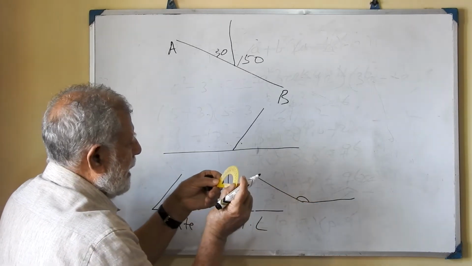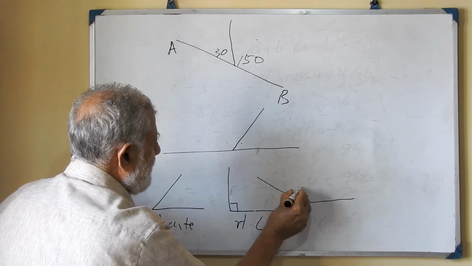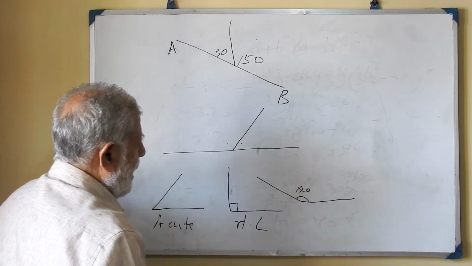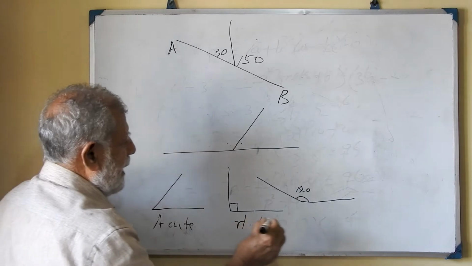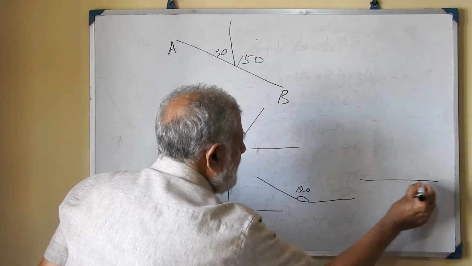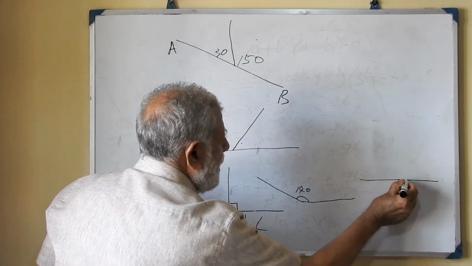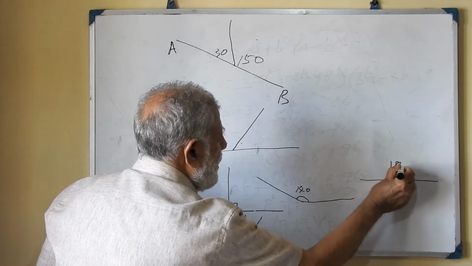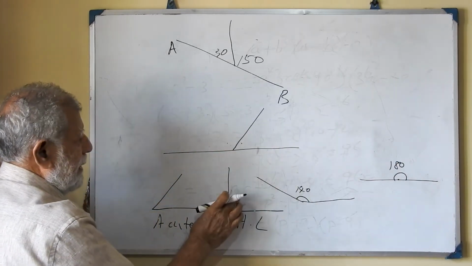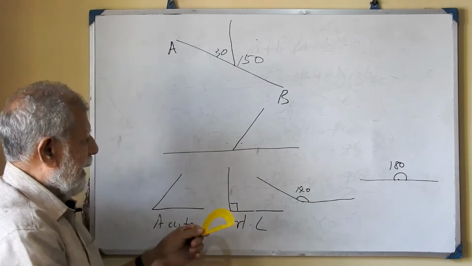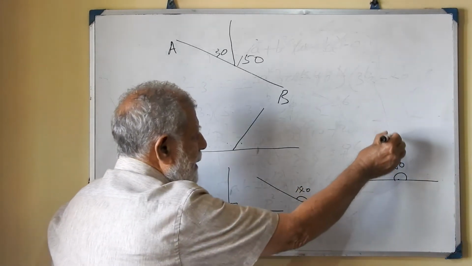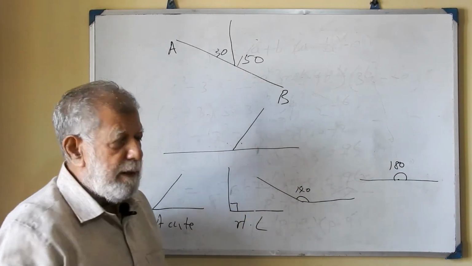In this particular case, it is equal to 140 degrees. Then after the obtuse angle, we have the straight angle. A straight angle is exactly equal to 180 degrees. Right angle is 90 degrees, straight angle is 180 degrees, a straight line. And if you draw a line like this, it will be 90 and 90, 180 degrees.